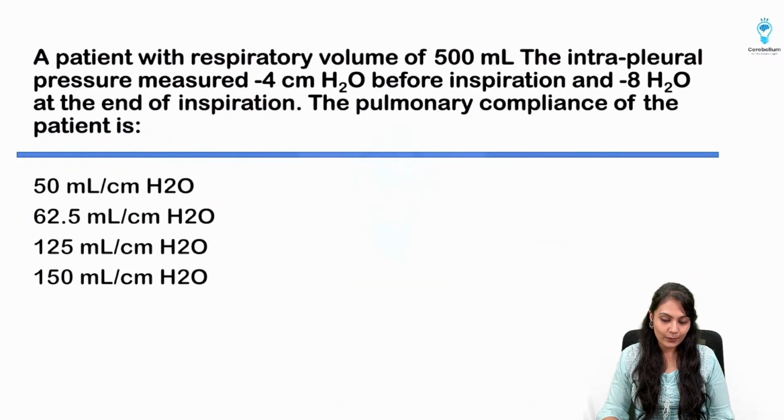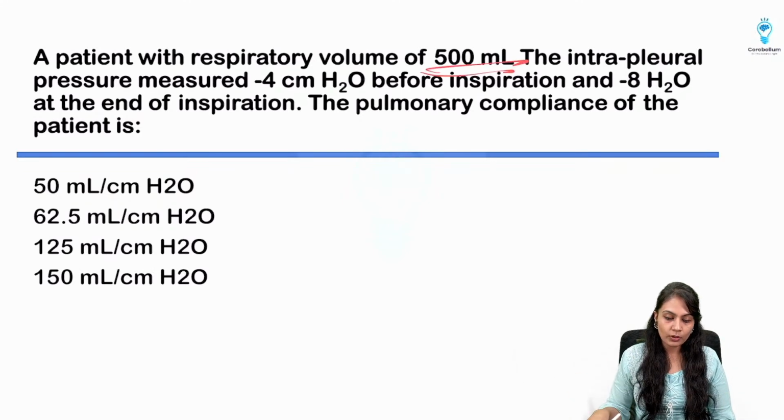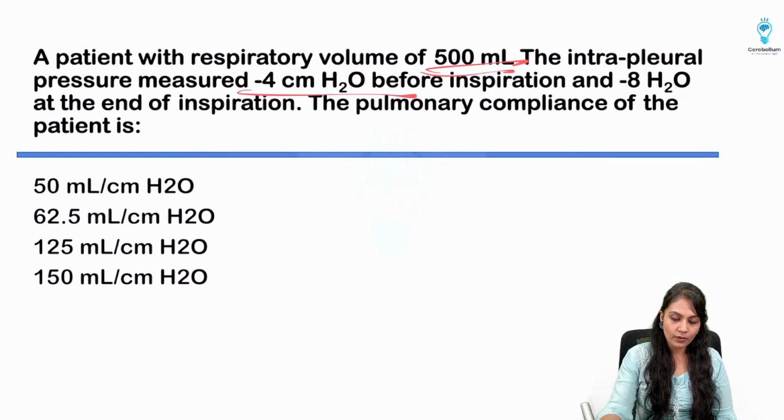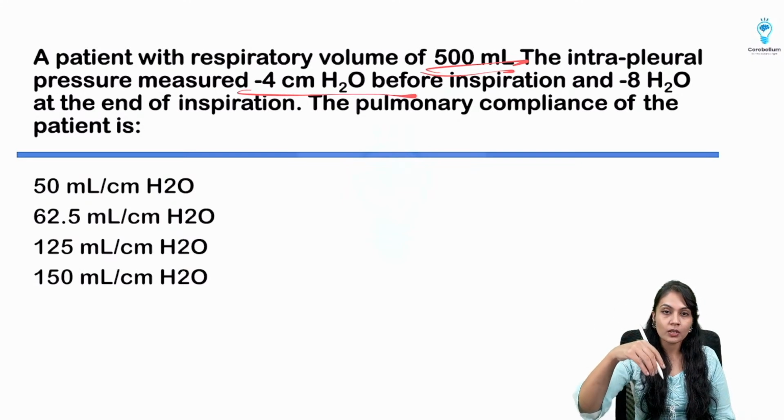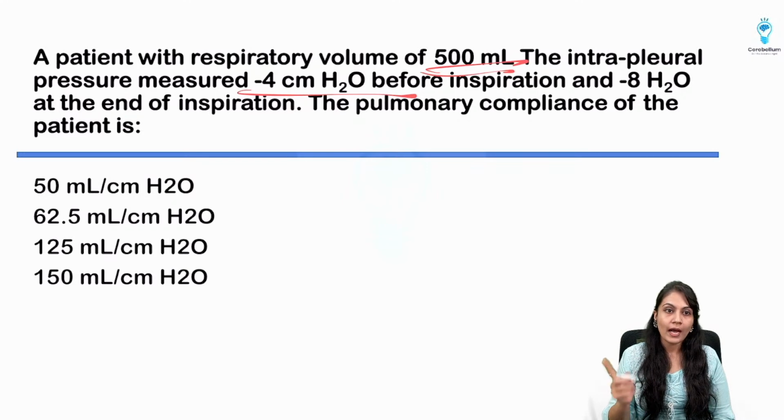Right? So yes. Next question: a patient with a respiratory volume of 500 ml, the intrapleural pressure measured is -4 centimeters of water before, and later on it became -8 at the end of inspiration, because it is going to get more negative. The volume they have told is 500 ml, right? And you have to measure the compliance.